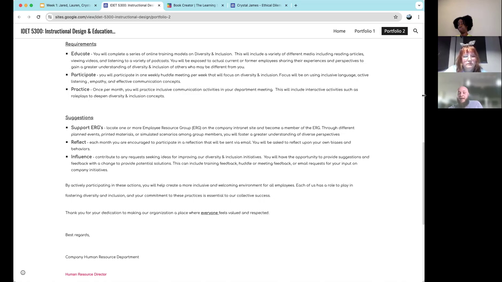And then any kind of opportunities for suggestions and feedback to provide any potential solutions that they can think of. And by completing the requirements and then hopefully participating in the suggested activities will help create a more inclusive and welcoming environment for all employees within the organization. And that's it. Any questions?